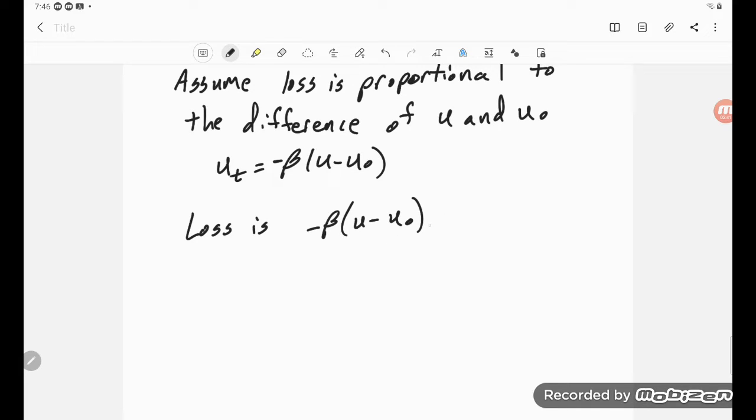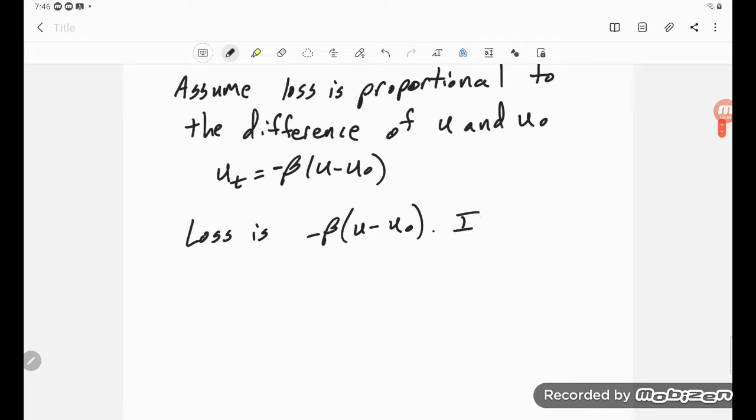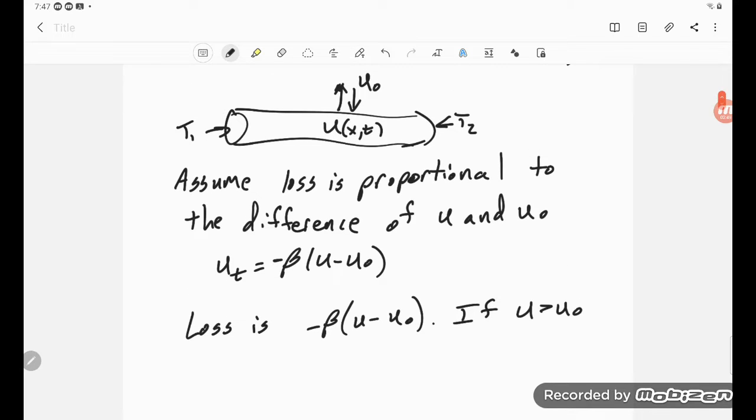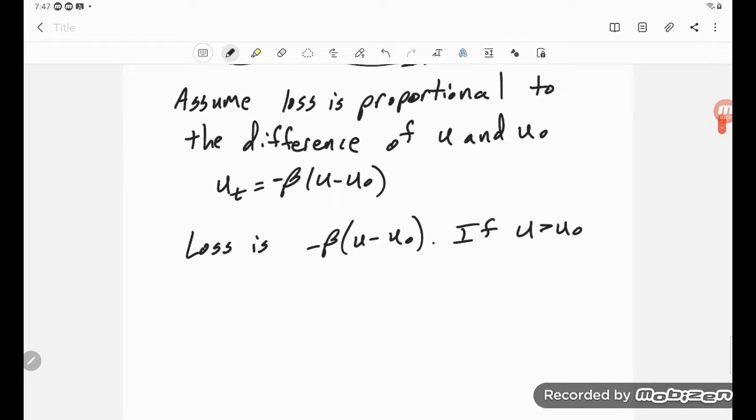And notice then, if U is greater than U0, we look back up here at our picture, if the temperature of the rod is greater than the ambient temperature, the rod should lose heat to the environment. And so, then U sub T is more negative. I'm not going to say it's negative because of the diffusion term with the second derivative, but it's more negative.